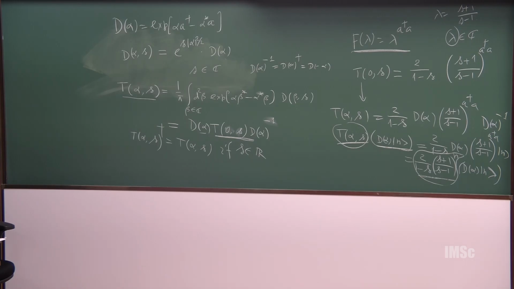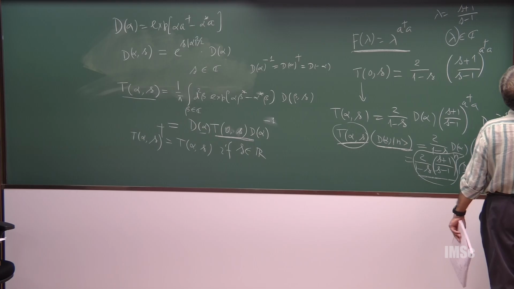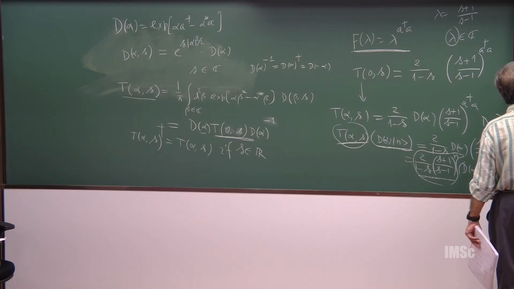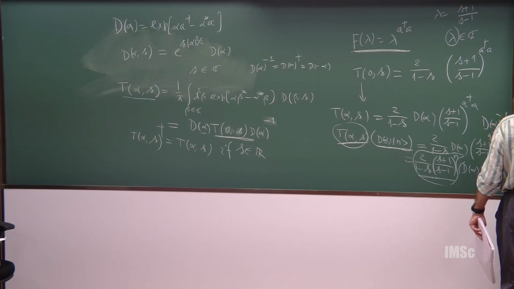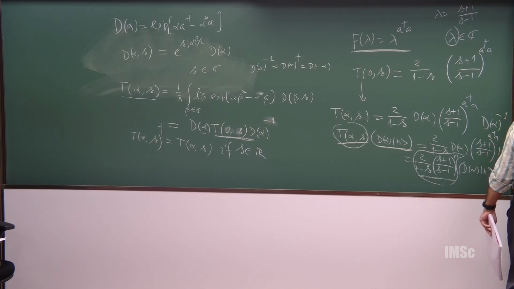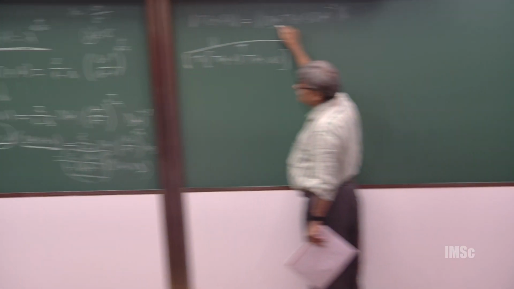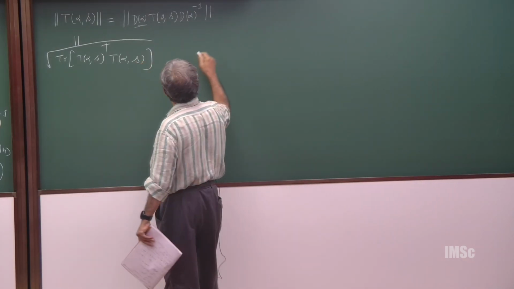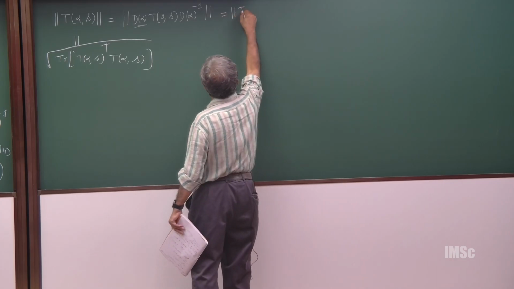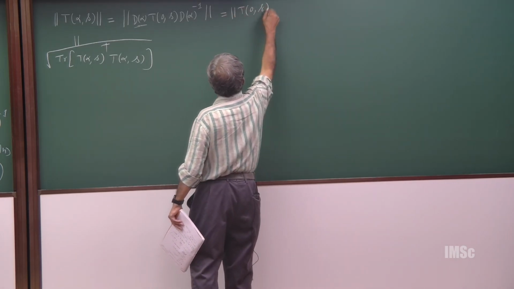This norm is the trace of T of alpha S dagger T of alpha S, and then the square root of that. Under unitary transformation this norm does not change, and as a result this is the same as the norm of T of 0S.